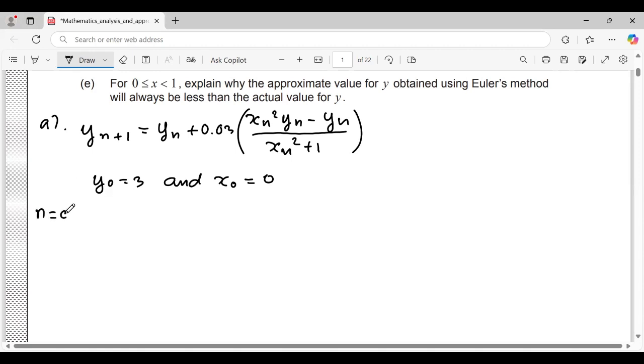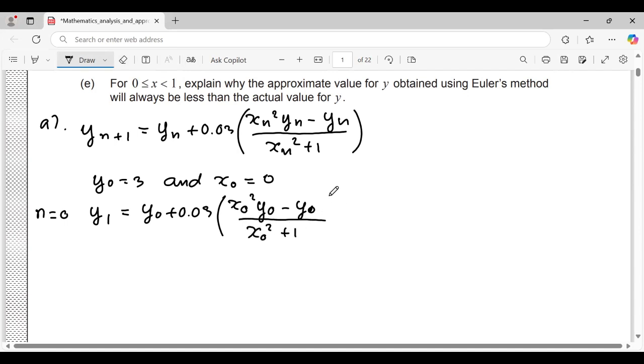When n equals 0, y1 equal y0 plus 0.03 times x0 squared y0 minus y0 divided by x0 squared plus 1.